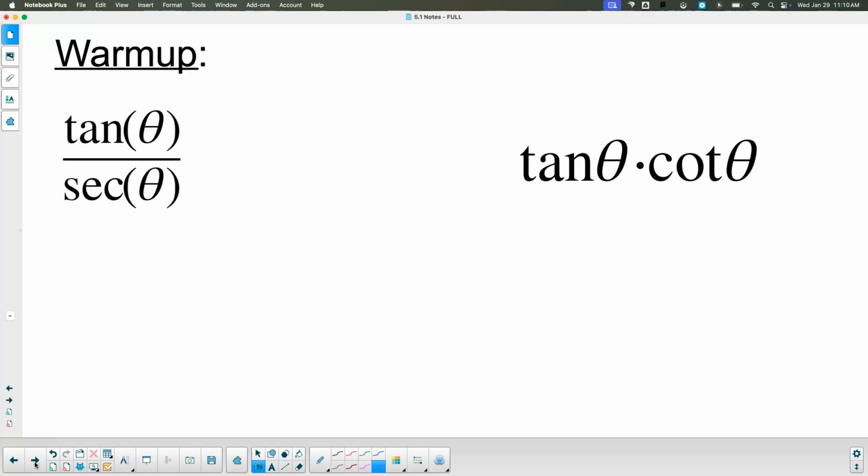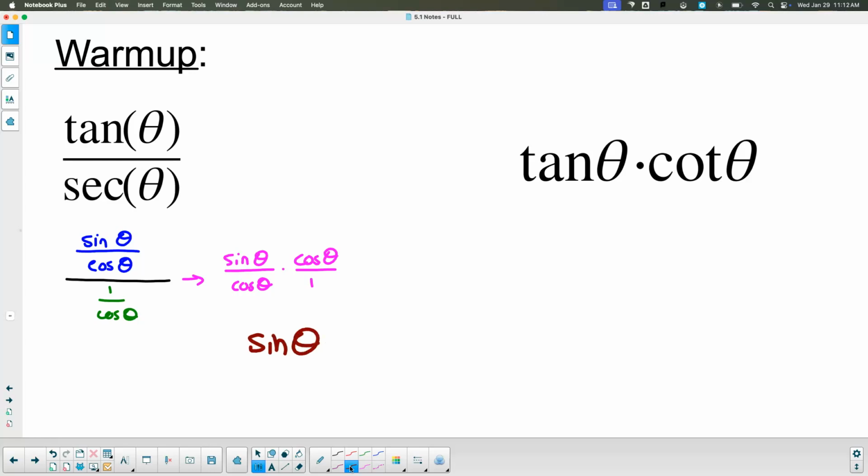That was a good warm-up. Actually, now we get another warm-up. Let's try those two. I get sine for the first one, yes?